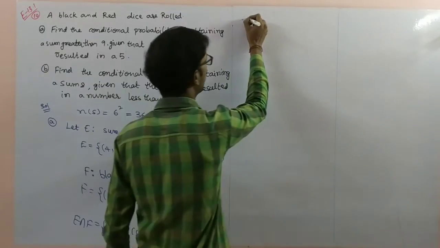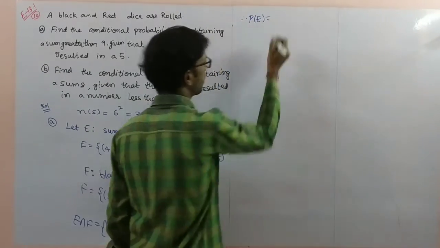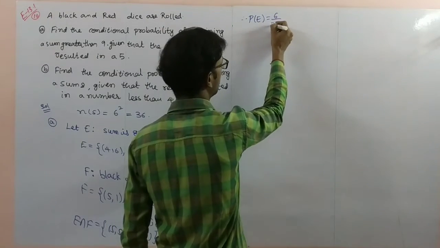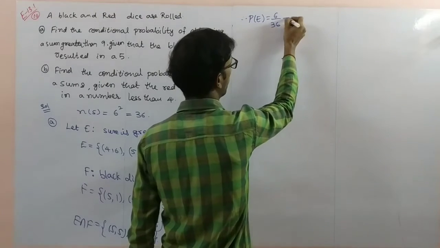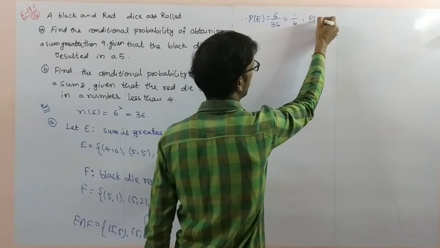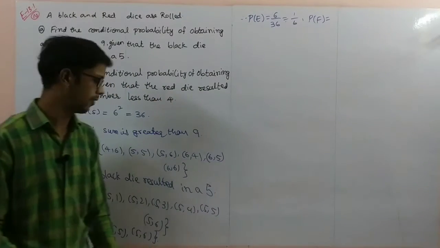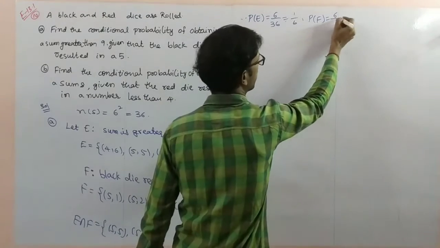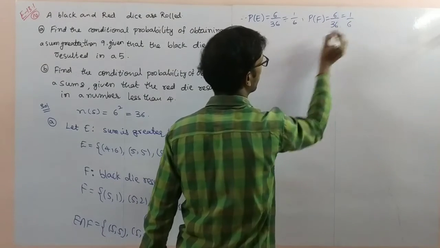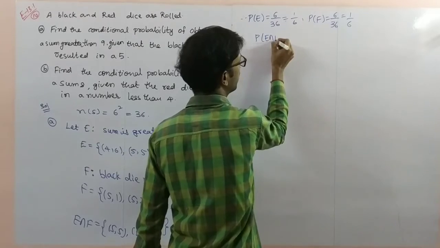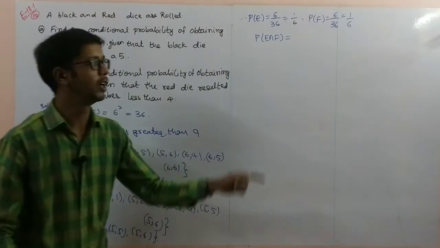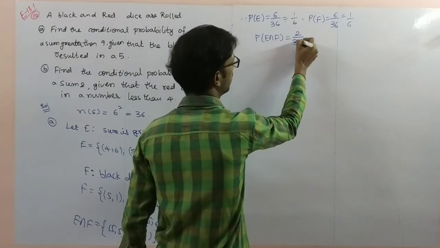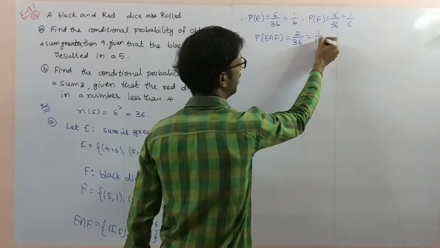Now probability of E. Favorable outcomes of E is 6 by 36, that is equal to 1 by 6. Probability of F is 6 by 36, same, you will get 1 by 6. Probability of E intersection F is equal to 2 by 36, that is 1 by 18.